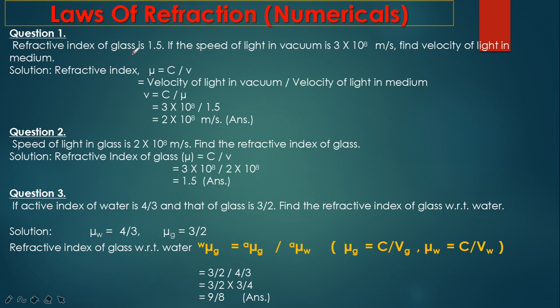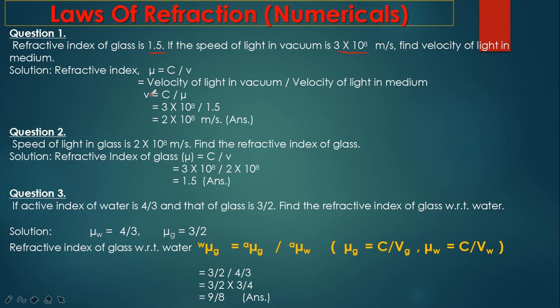So question number 1 is, refractive index of glass is 1.5. If the speed of light in vacuum is, this you have to remember also, 3 into 10 raised to the power 8 meter per second, find the velocity of light in the medium, that means in glass. So we know the refractive index, that is mu equals C by V. C is the velocity of light in vacuum and V is the velocity of light in the medium.